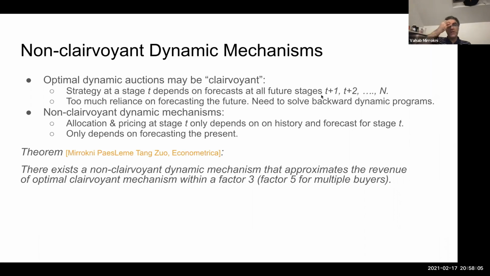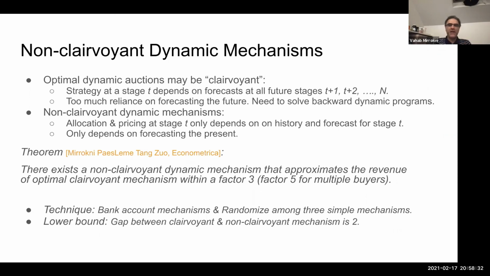We want to design an auction that only relies on the forecast of the current stage and is independent of all the future stages. It turns out that even with this type of restriction, we can still achieve a constant factor of the optimum dynamic mechanism, which is much more than the optimum static mechanism.